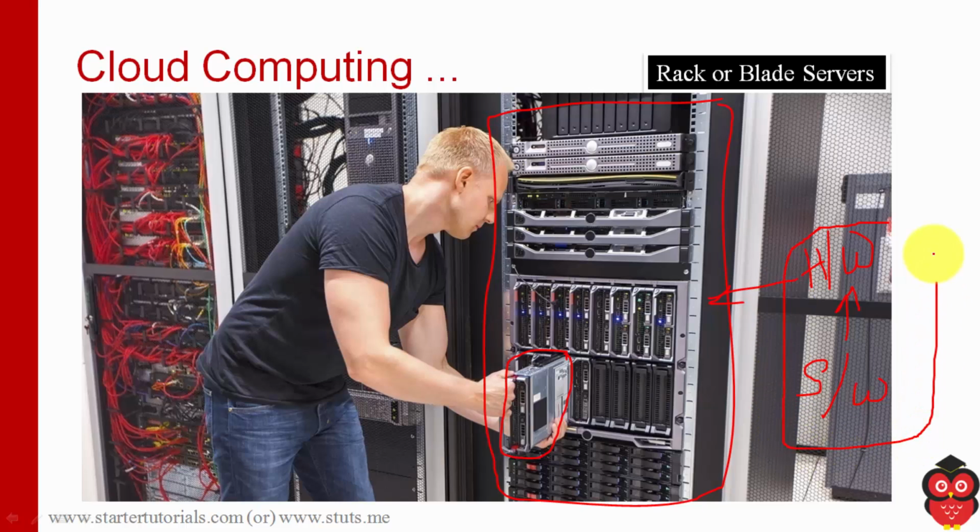The combination of hardware and software is called cloud. So the combination of the hardware and the software used to manage that hardware inside a data center is called cloud. And cloud computing is providing these resources on a utility based model.